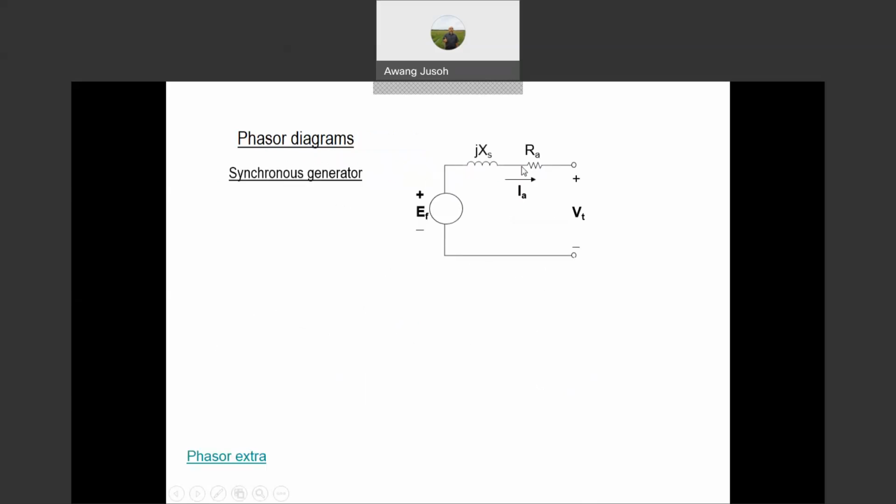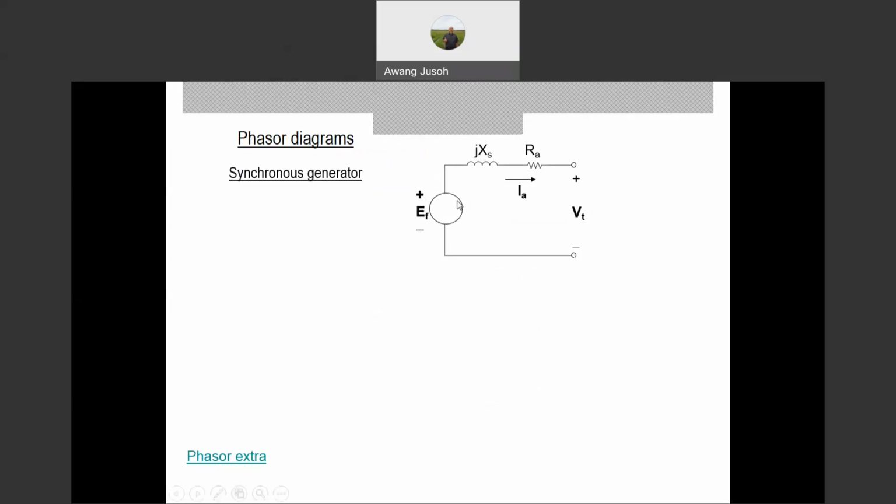Okay, simple. So in the synchronous machine, we have only this kind of circuit. You can see it is very easy for us to solve the problem. It is even simpler than the induction motor. For the induction motor, you have the series-parallel circuit, like the IEEE circuit, which is a little bit more complex compared to this machine.